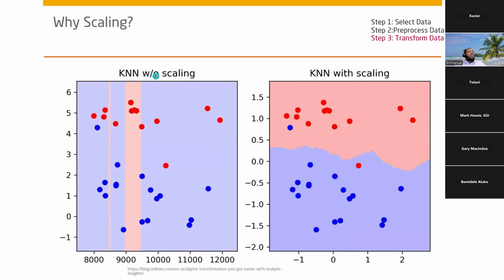So without scaling, you can see this red that is very close to blue. But when you scale, it gives that boundary. What you can say is that this blue that is in the red side is definitely an outlier, and the same thing applies to the red in this blue side.